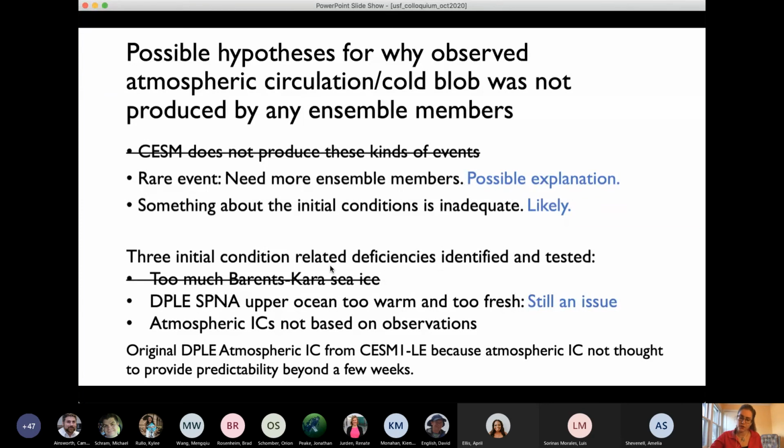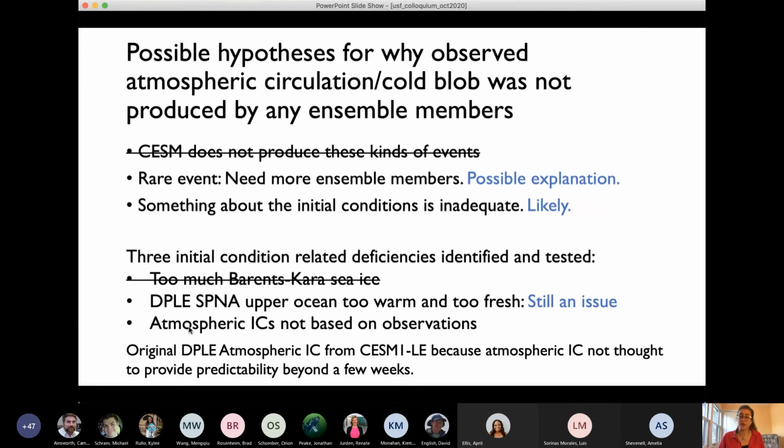So this issue with initial conditions, the upper ocean is still too warm and is still an issue. We don't know why the model can't sustain a cold condition. That's still up for future research. The second issue that we think might be a possibility is that the atmospheric initial conditions are drawn from the CESM Large Ensemble.